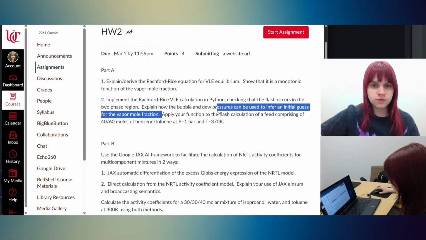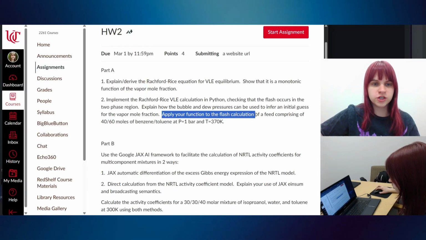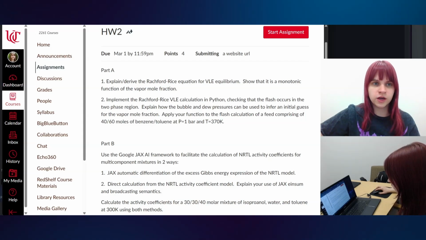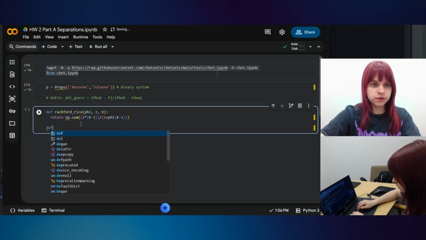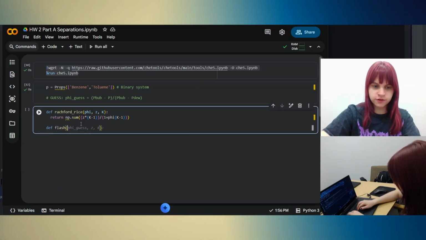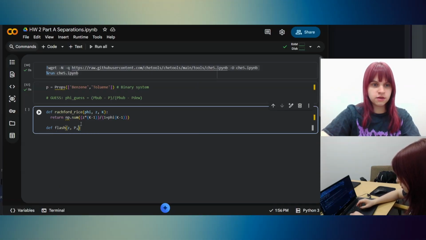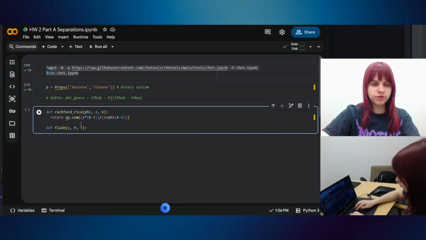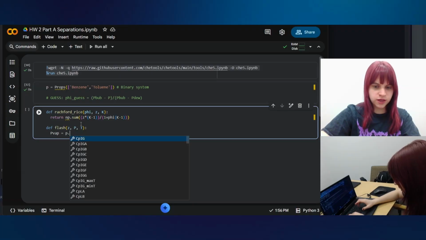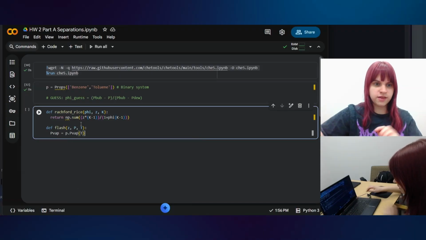And as you can see, we are doing a flash calculation at 1 bar and 370 Kelvin, so this is isothermal and isobaric. We're going to define a flash, which is a function of z, the pressure, and the temperature. The vaporization pressure is equal to P dot P vap at that temperature.